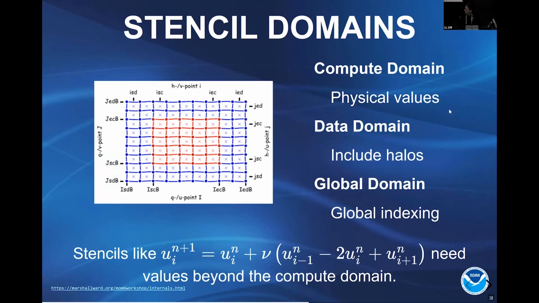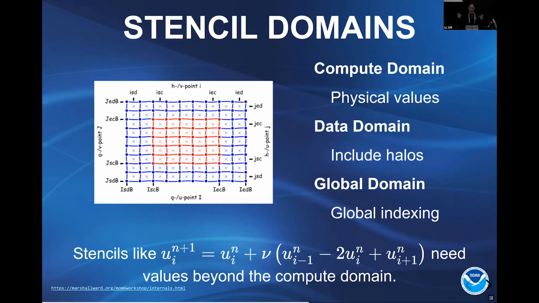When we talk about these domains, first of all, I'll get into the parallelization later, but we have to pump these up. We can't just talk about the physical field, because if you look at this example on the bottom, any numerical stencil that has any kind of derivative is going to require values beyond the compute domain.